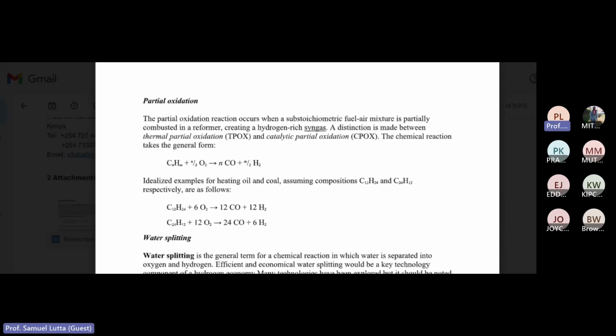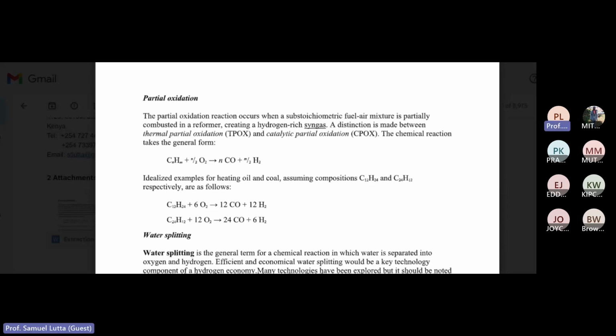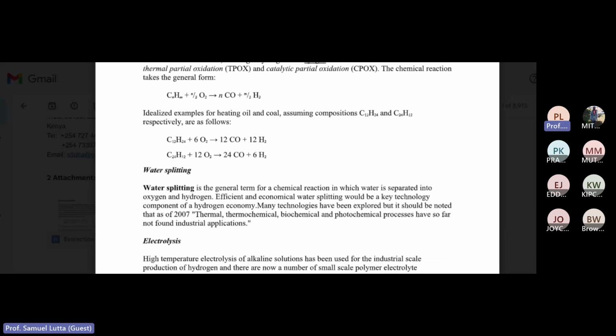The other method of forming hydrogen is by partial oxidation of hydrocarbon. This reaction is referred to as thermal partial oxidation, where the gas is partially oxidized to form CO, not CO2.